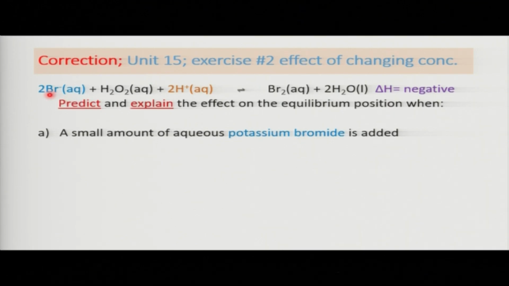So it will bring in bromide ions, making the reactant side, as you see with my highlighter, higher in amount than the product side. And that will disrupt the equilibrium.